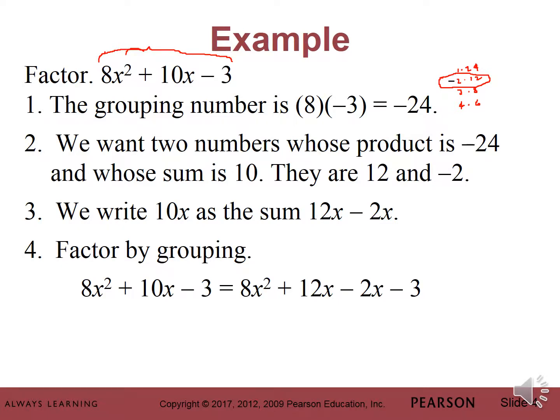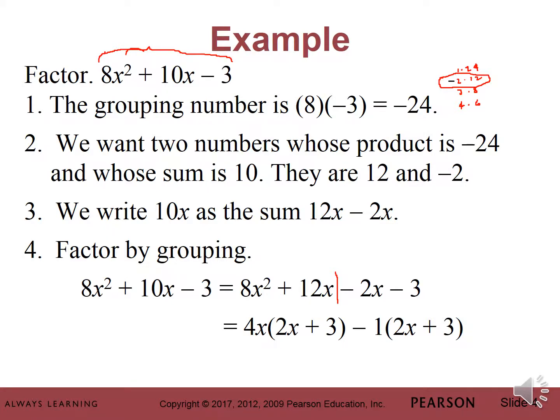And so now we're going to turn our trinomial that we were given into a 4-term polynomial. We might call it a quadrinomial, and factor by grouping. So rewriting 8x squared plus 10x minus 3, we have a 12x and a minus 2x, and as we always do when we're factoring by grouping, we're going to split this thing right down the middle.